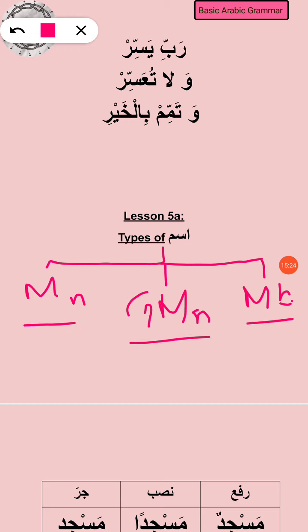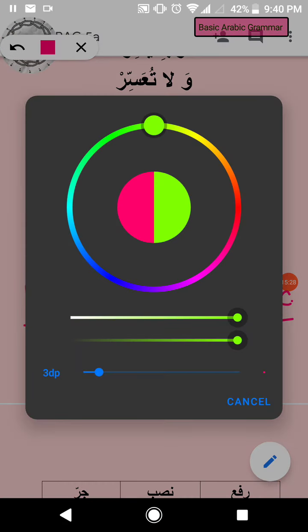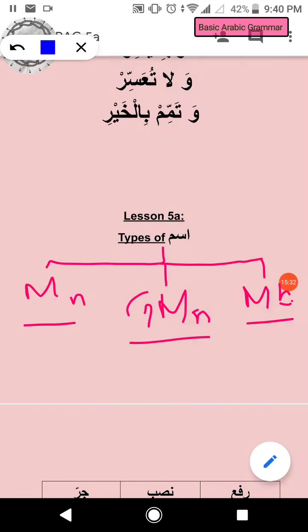What are the basic standout points, the signature points? Number one, in this munsarif group, we have tanween.